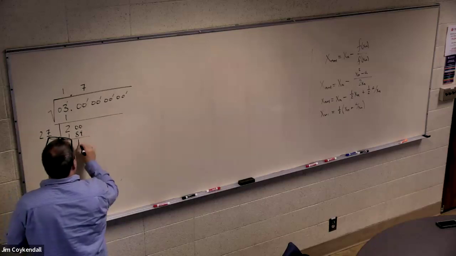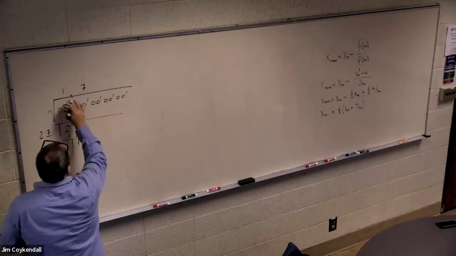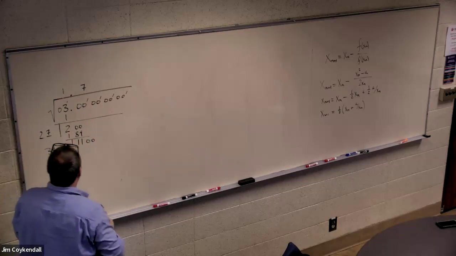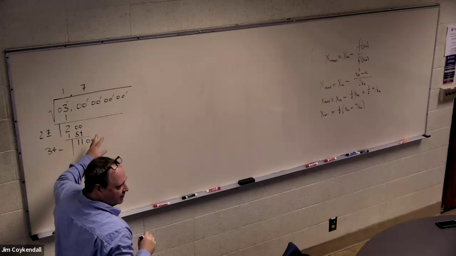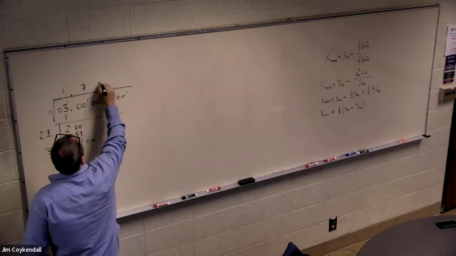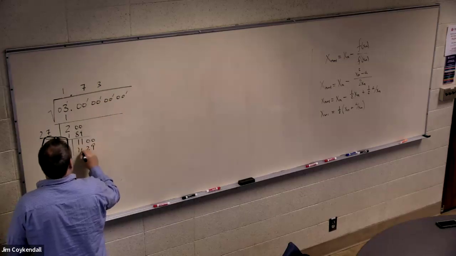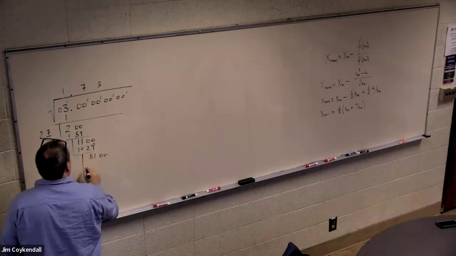Now subtract and drop the next pair. Do the same thing again. Double that, 34 and a blank. How many times does 34 go into 1100? Probably about 3. 3 times 343 is 1029, then subtract to get 71. Drop the next pair.